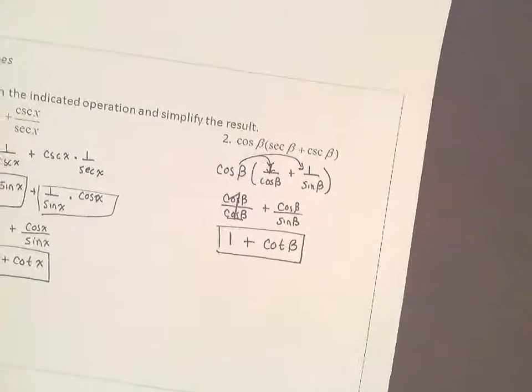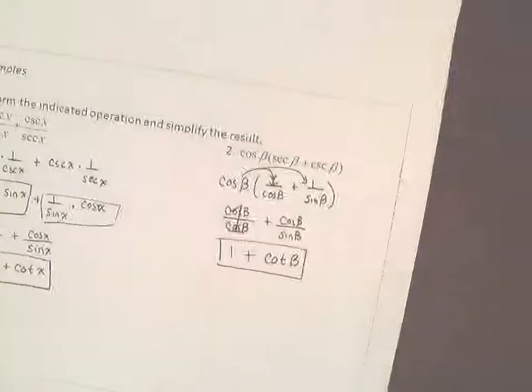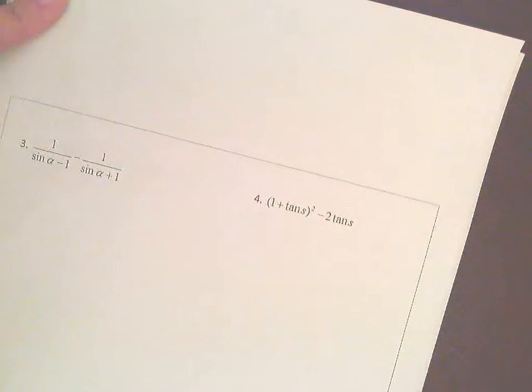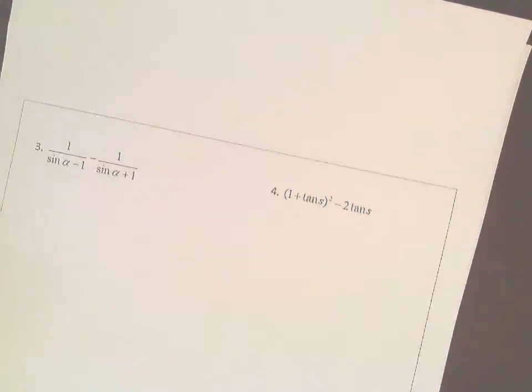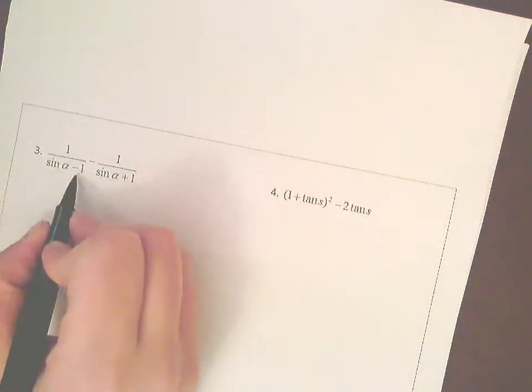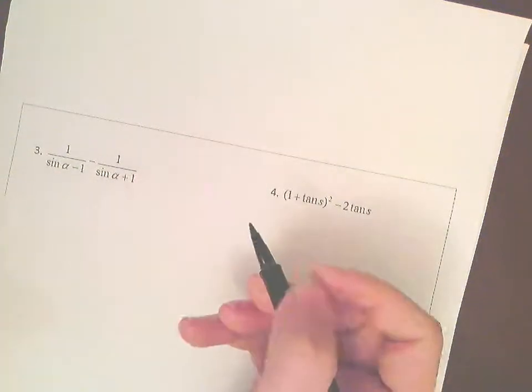All right, let's look at the next examples. All right, so here we have, it gets a little bit complicated when you have a binomial in the denominator.